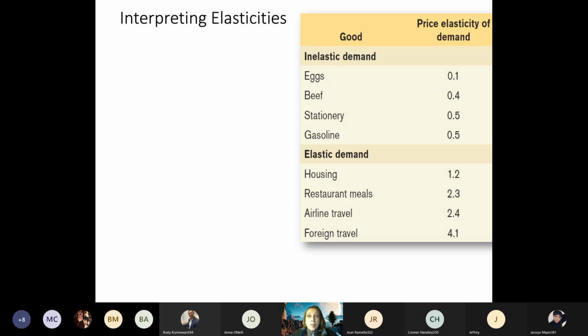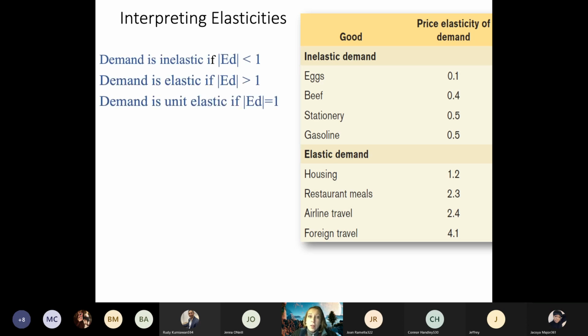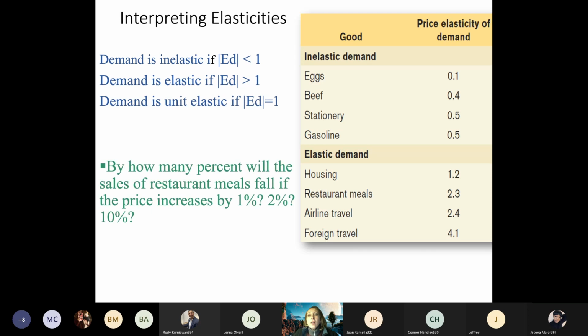And now let's see how it applies, and how it can be interpreted. So in the table to the right, you see that it's been calculated approximately that goods like eggs, beef, gasoline, and even stationery, I'm surprised to see that, are having inelastic demand.